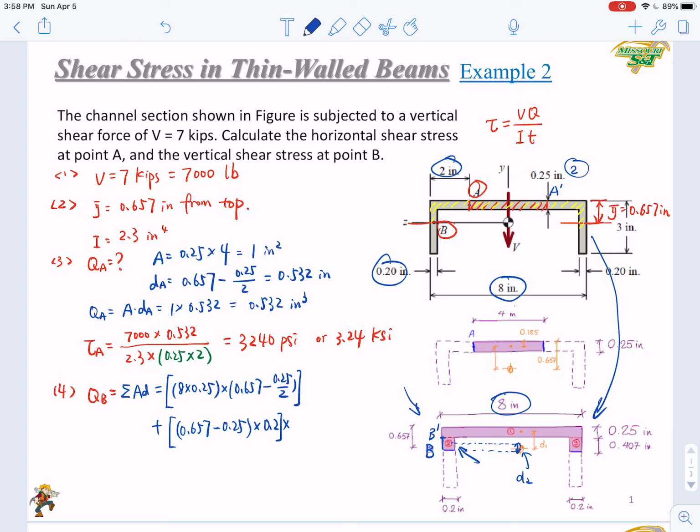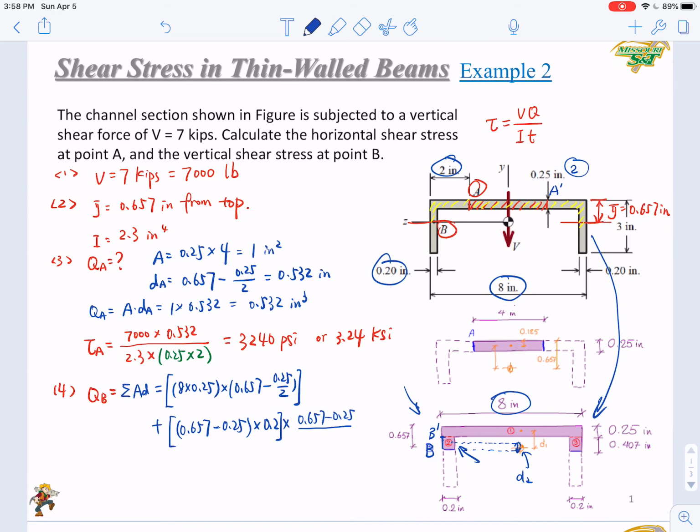So D2 can be calculated as 0.657 minus 0.25, this is the BB, the BB over 2. You get the D2. So here together, you get A2, D2. Then A3, D3 will be the same as this part, so just multiply it by 2. Then you get a QB, so that is 1.097 cubic inch.